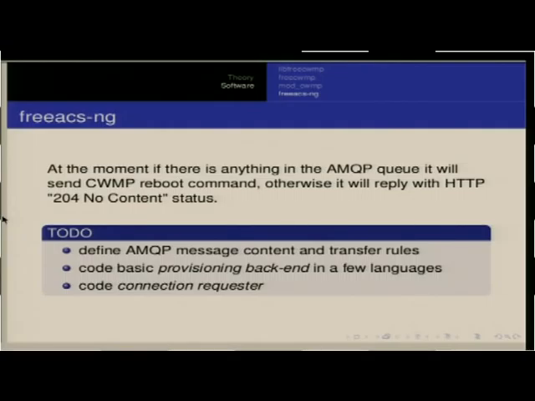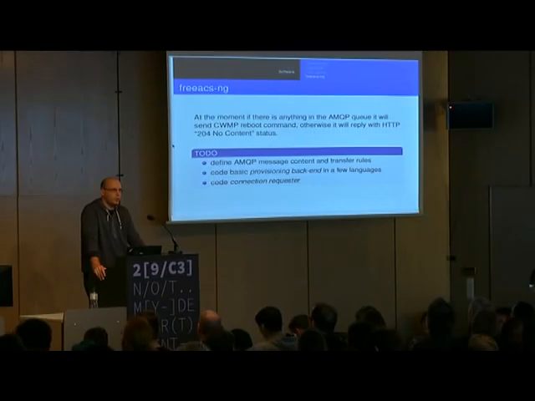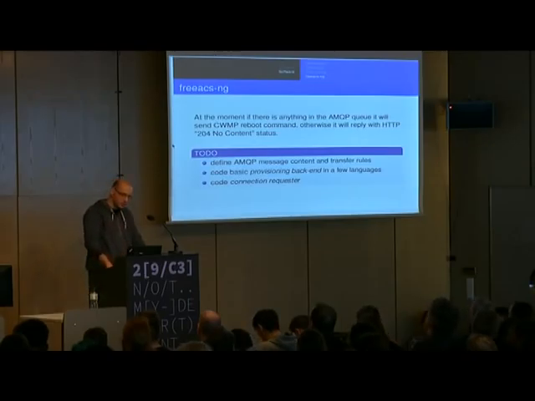Also, code a basic provisioning backend in a few languages. This is also one of the reasons why I have decided to go with this design, because why limit the customer or ISP in which language it should use? If they want to use Python, they should use Python. If they want to use Java, they can use Java. And also, I need to code the connection requester.